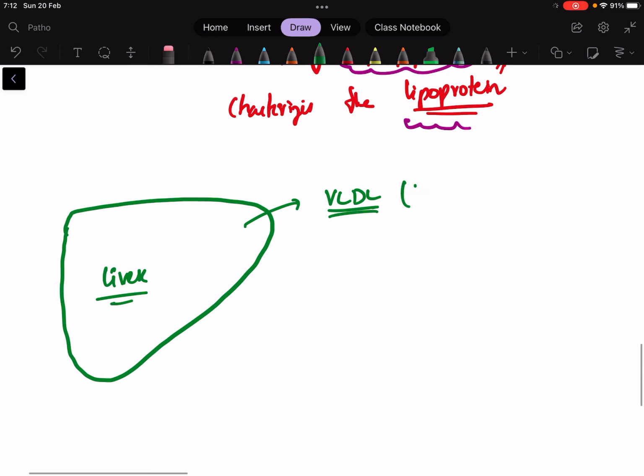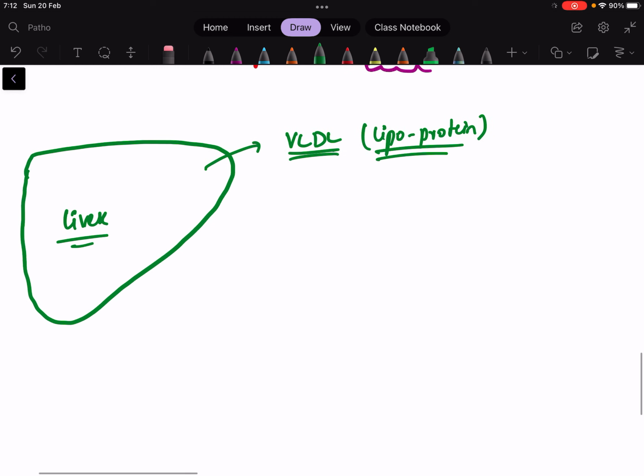Very low density lipoprotein is a type of lipoprotein. Okay, there are a lot of lipoproteins, like a lot of cars and passengers. I already told you the different types of lipoproteins in my previous video, so please watch that one in order to understand this one.